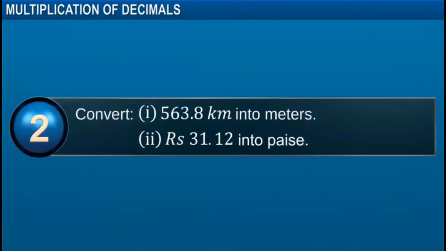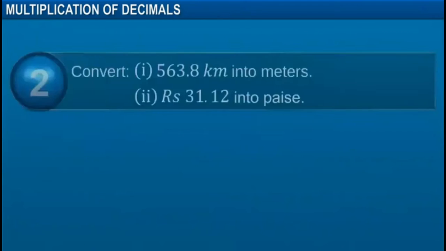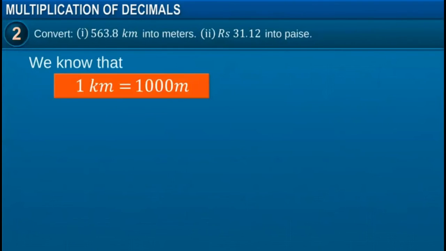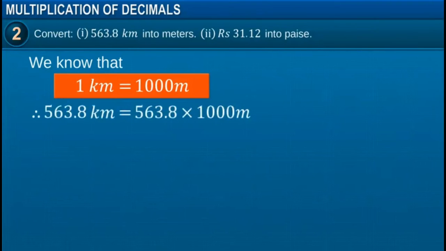Convert 563.8 kilometers into meters and 31 rupees and 12 paise into paise. We know that 1 kilometer is equal to 1000 meters. Therefore, to calculate the distance in meters, we multiply the decimal number by 1000.